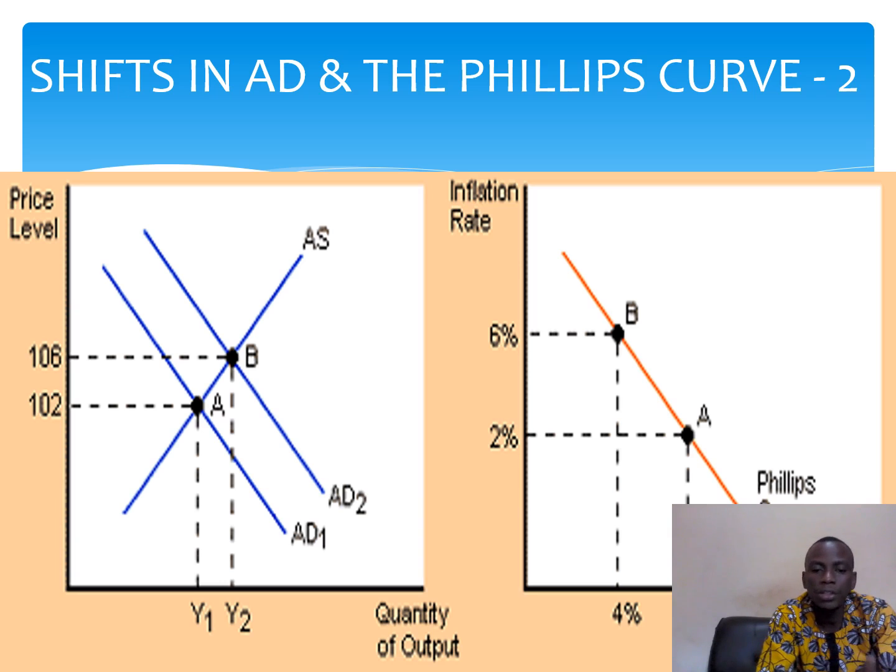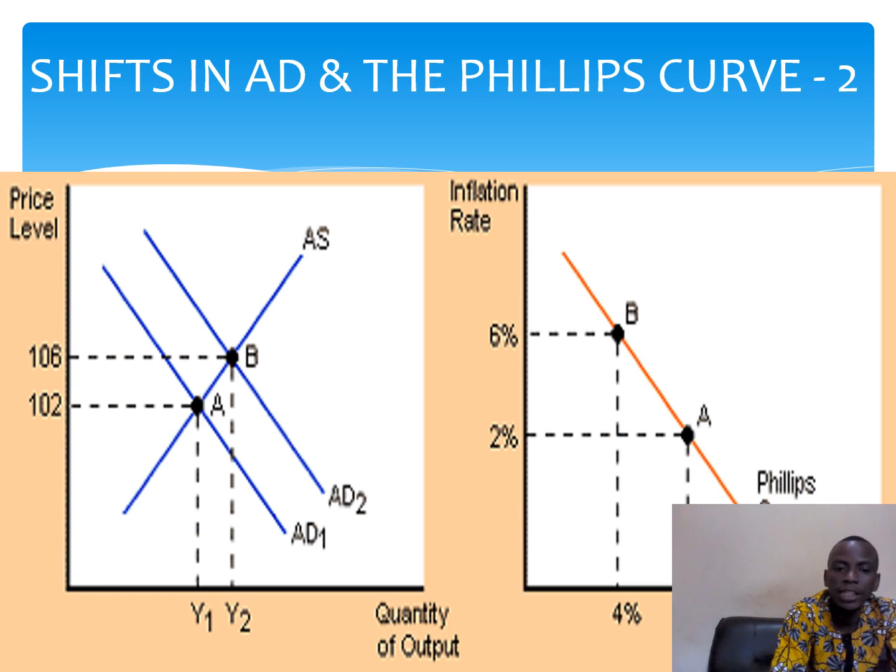All right, so assuming there is an increase in aggregate demand from AD1, okay, initially we were at AD1. We're having aggregate supply AS1, and at this point there is a price of P1 and output of Y1. So when there is an increase in aggregate demand, aggregate demand increases from AD1 to AD2, production will increase.